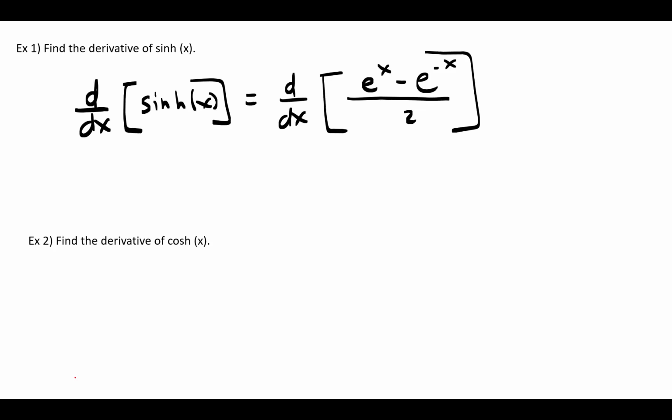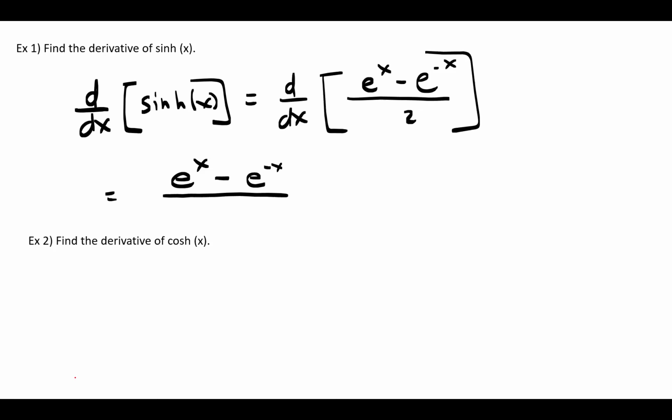If we wanted to, we can actually move the 2 out and make it a 1/2 multiplier, but we can leave it there. So really we're just taking derivatives of e to the x and e to the negative x. What is the derivative of e to the x? e to the x. What is the derivative of e to the negative x? Perfect.